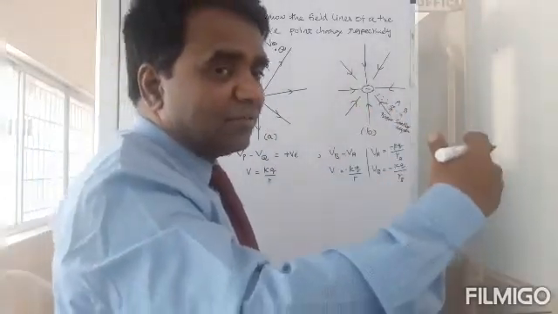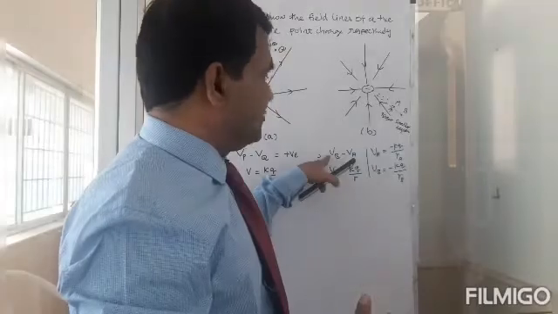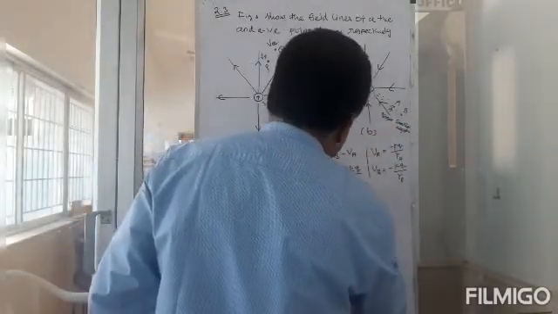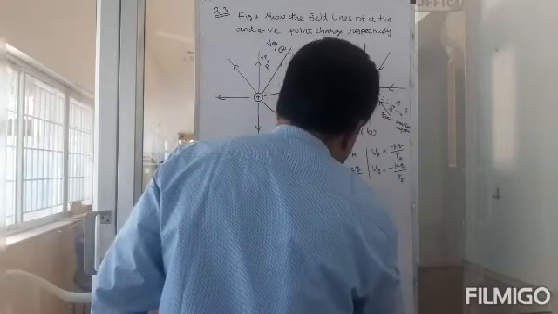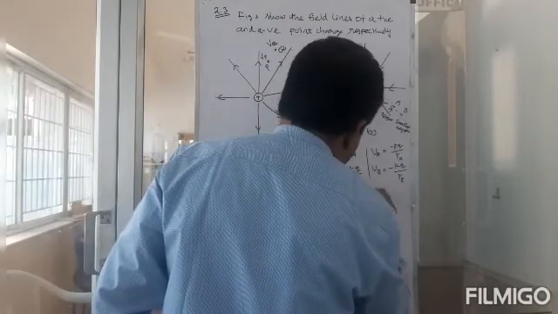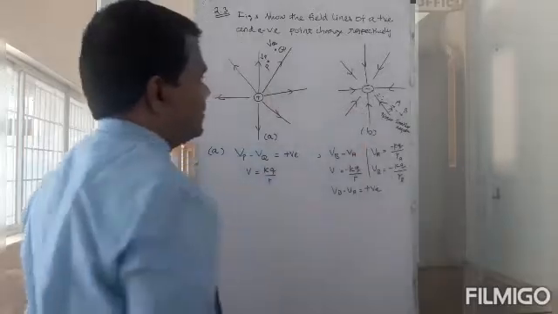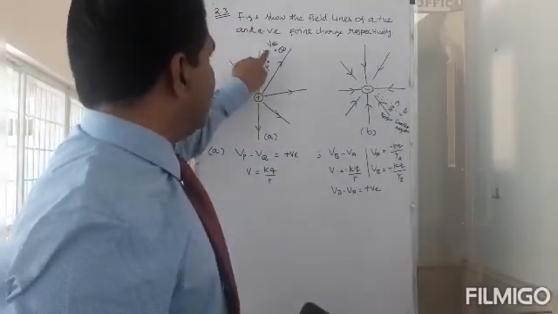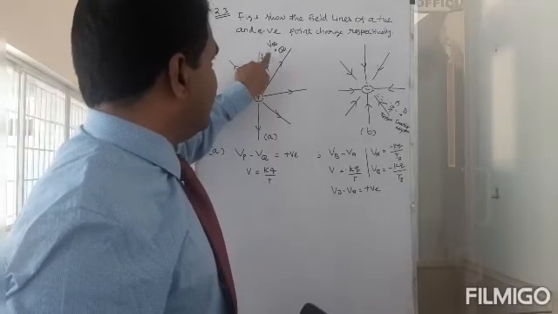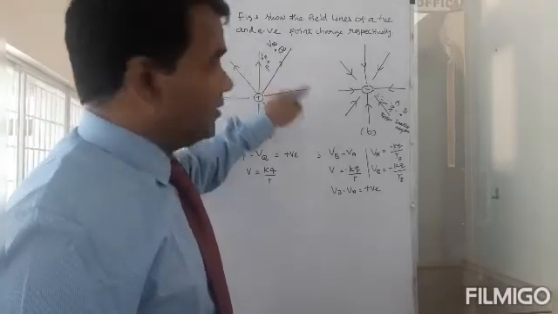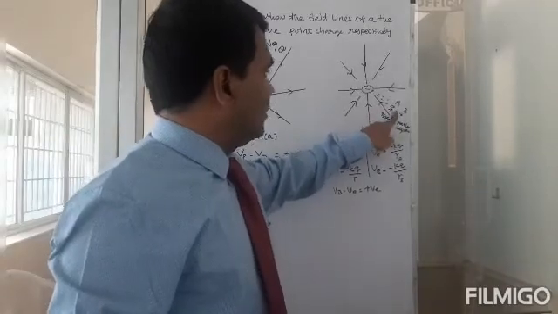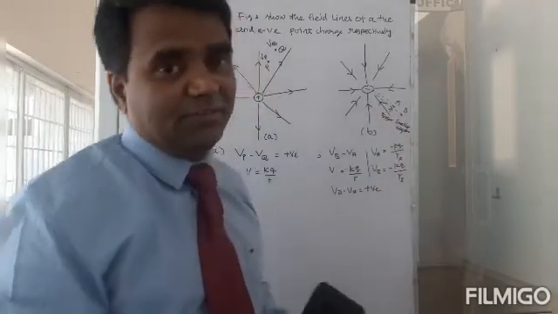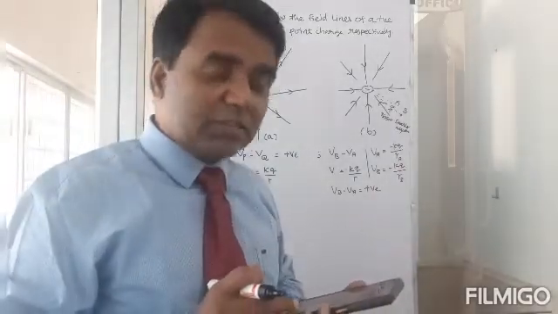So the bigger negative number will become positive, and VB is negative. So you will get again a positive number here. So VB minus VA is going to be a positive number. So the potential difference to go from VP to VQ is positive. Here, from VB to VA, that's going to be positive again. So that is how you answer the first question.